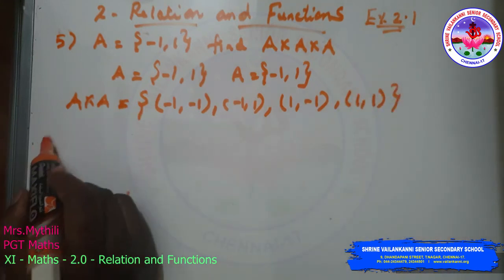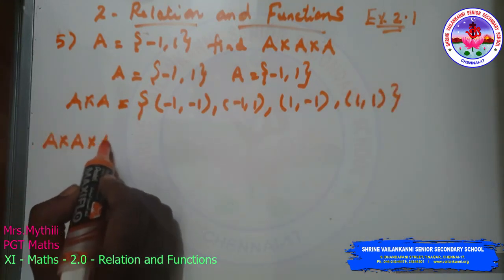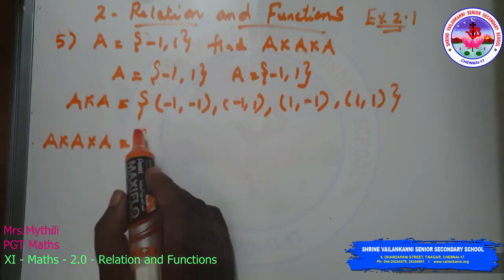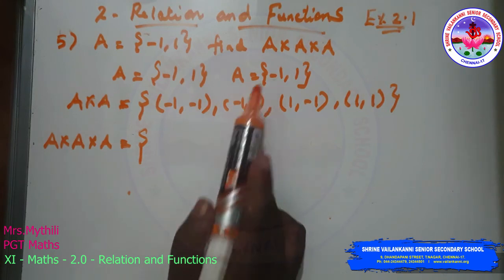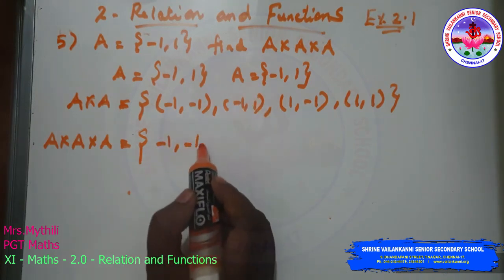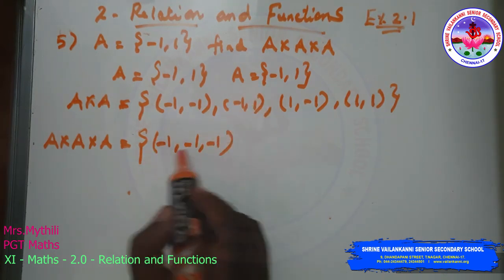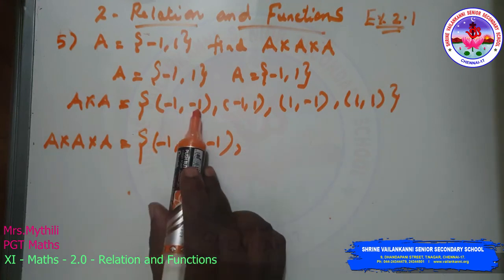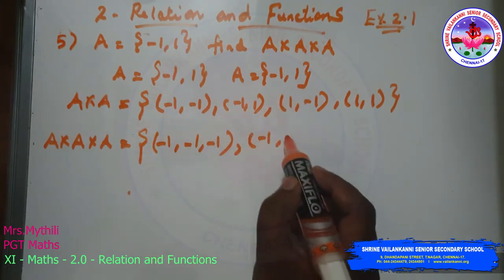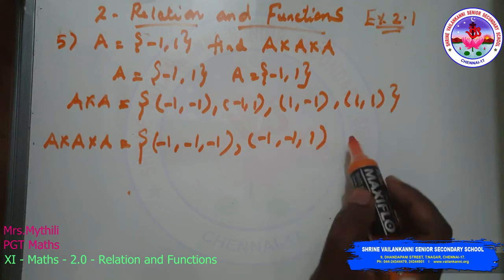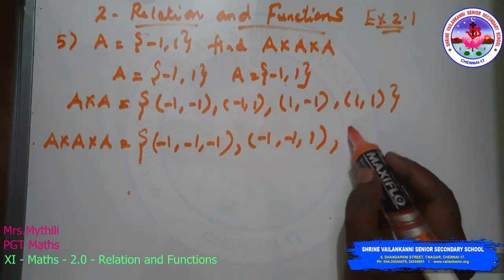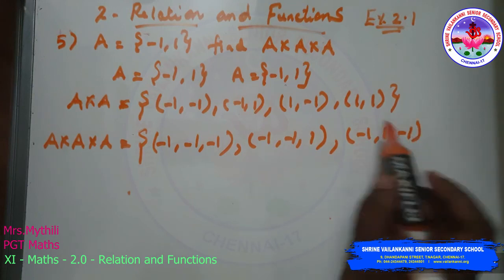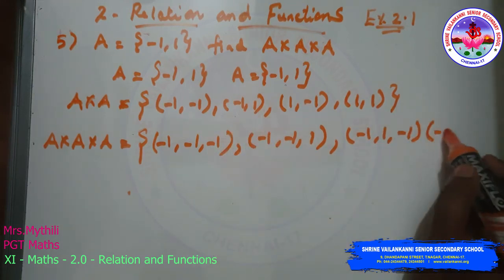Now we find the ordered triplets. So (-1, -1, -1), (-1, -1, 1), (-1, 1, -1), (-1, 1, 1).